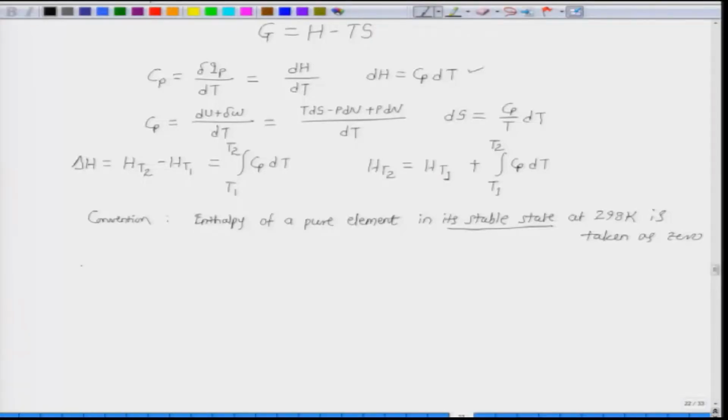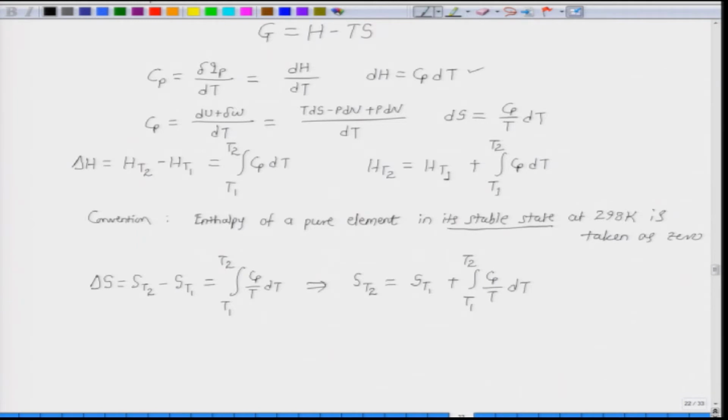Then for entropy we can write delta S is equal to S at T2 minus S at T1 equal to integral of Cp by T dT. So, S at T2 is given as S at T1 plus integral from T1 to T2 of Cp by T dT.